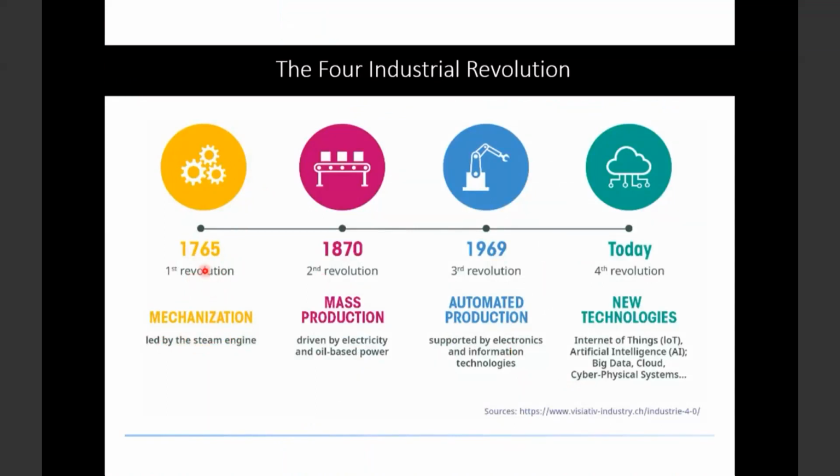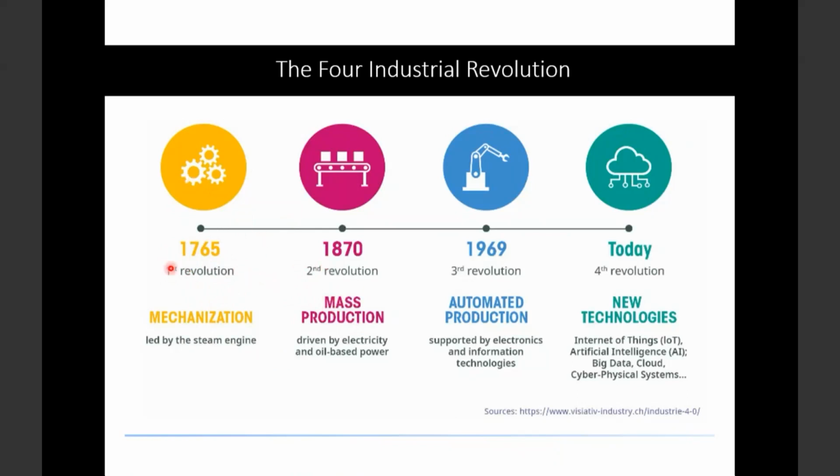Heavy works started with mechanization. After we had the mechanization system, we could come up with mass production, because all of the production was done by machines.